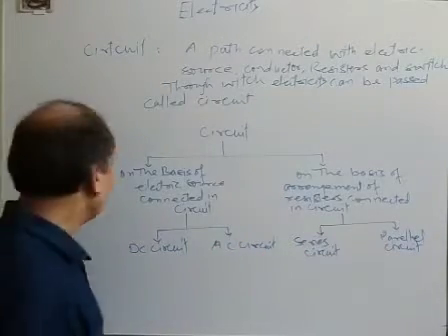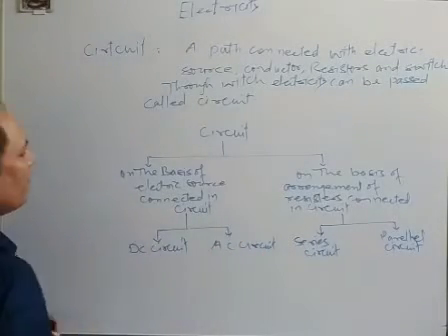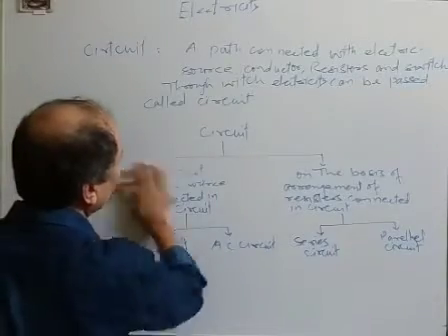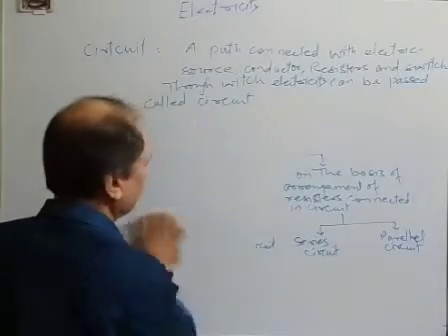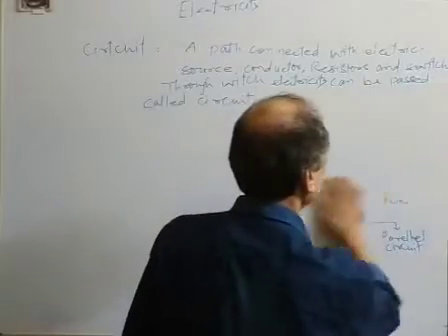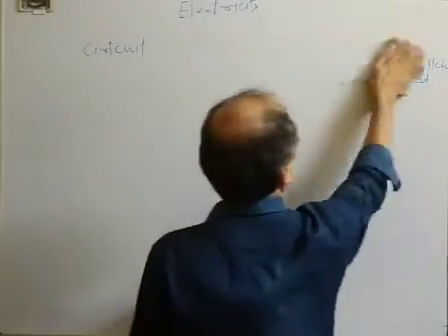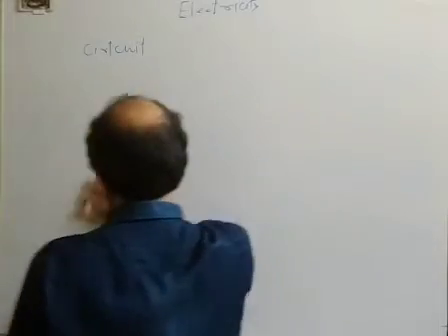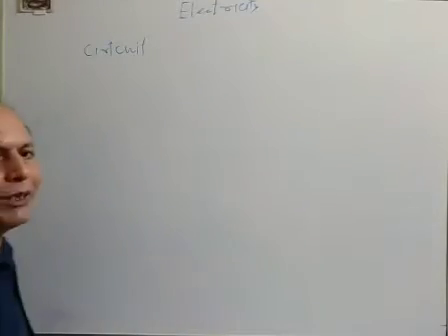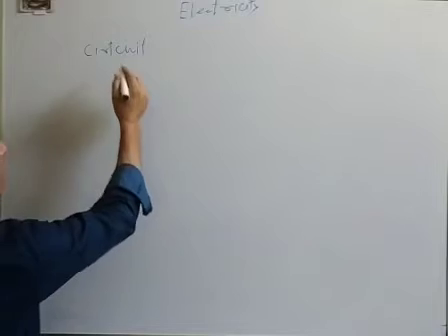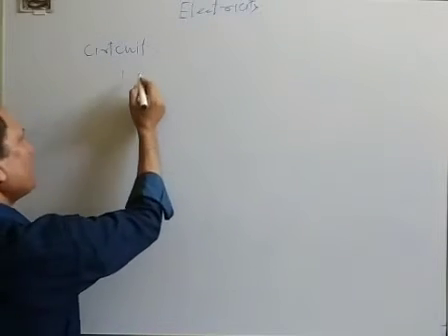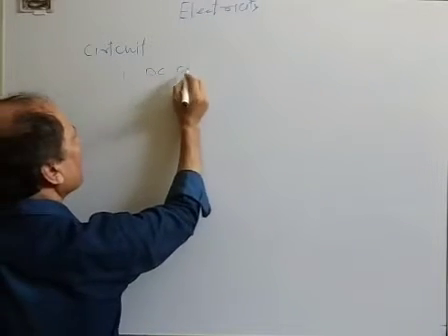Now come to my point. So on this basis, there are four types of circuits. Number one, DC circuit.